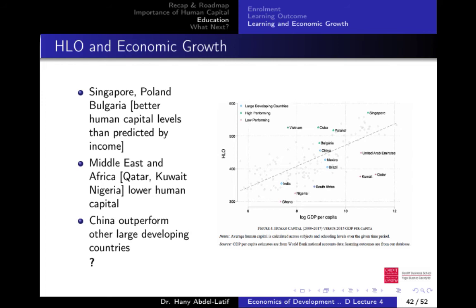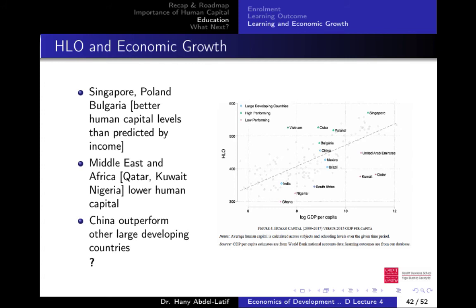What we see here is a selected number of countries. For example, Singapore, Poland, and Bulgaria are all above that line. This is the regression line. So those countries above this line are doing better in terms of learning than what their income level would predict.